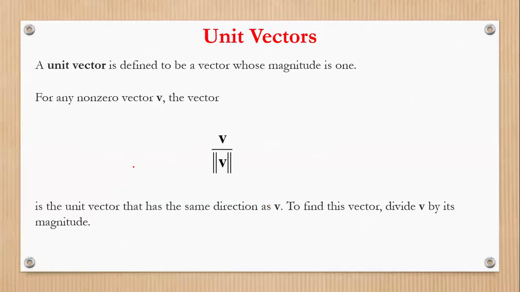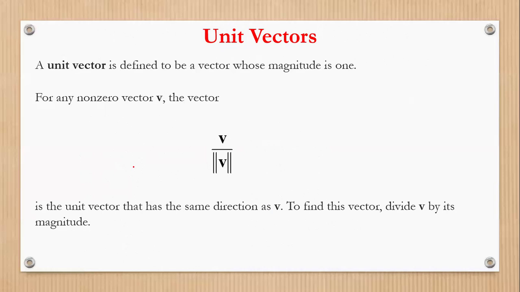Now we can find a unit vector. We said that i and j are the unit vectors along the x-axis and the y-axis. But now we want to find a unit vector, which still has magnitude 1 because it's called a unit vector, but it's in the same direction as our vector, not in the direction of the x-axis or y-axis. How can we find that?